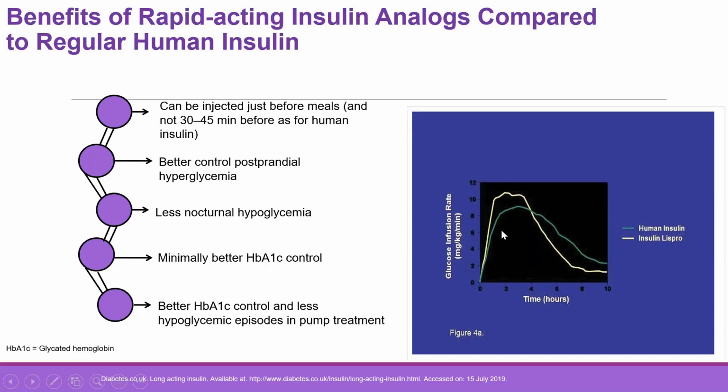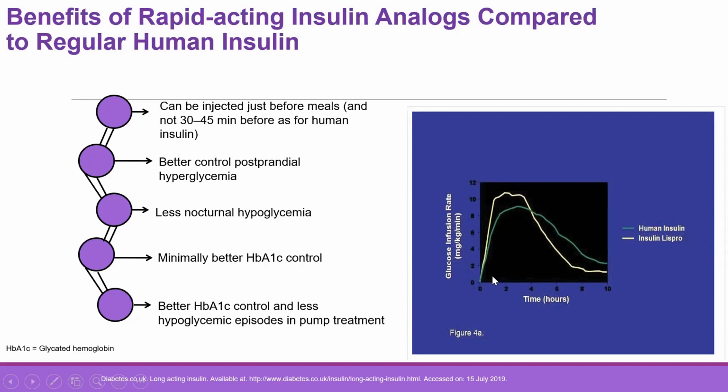And second point, because you have to wait for 20 to 30 minutes or 40 minutes before the intake of a meal, it has some impact on the quality of life of the patient. But when you give these rapid acting insulin analogs, you can inject the insulin just before the meal, maybe 5 minutes, maybe less than that.